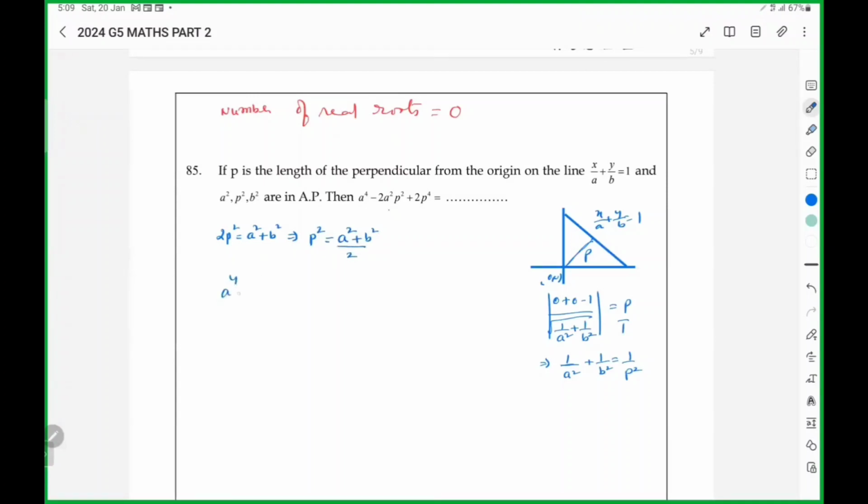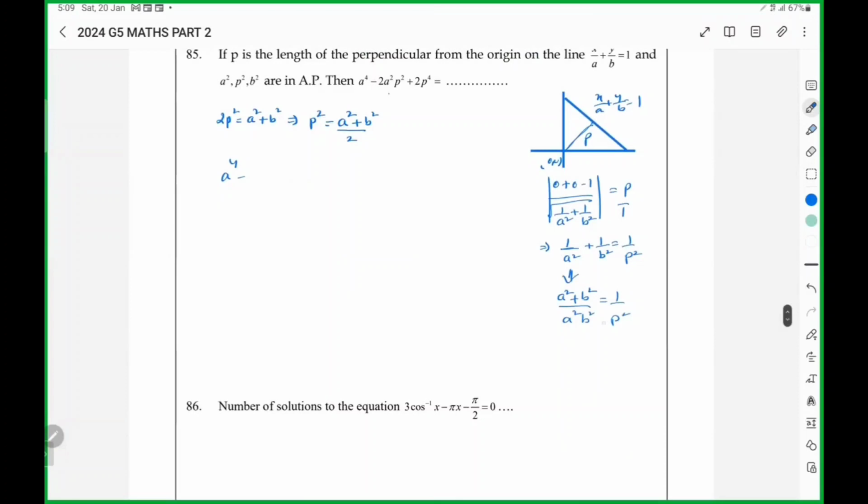A power 4 minus 2a square p square. From this, I can write a square plus b square is 2p square, and p square is a square b square, 2p power 4 is this.